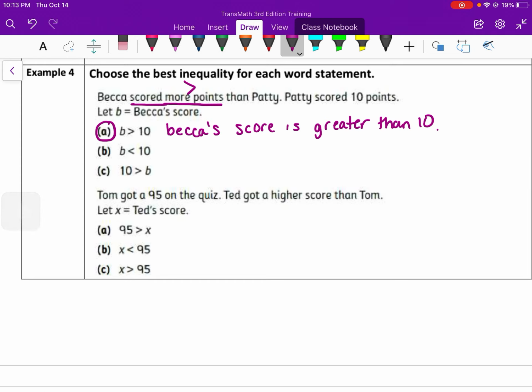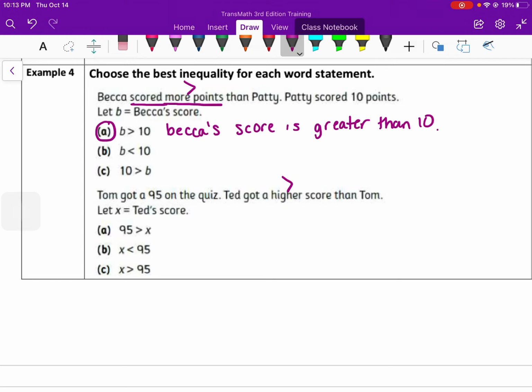Next one, Tom got a 95 on the quiz. Ted got a higher score than Tom. So let's let X represent Ted's score. So if Tom got a 95 on the quiz and Ted got higher than, that would also mean greater than 95.